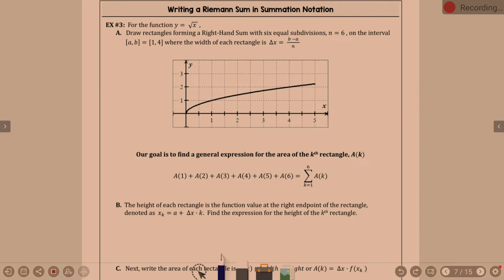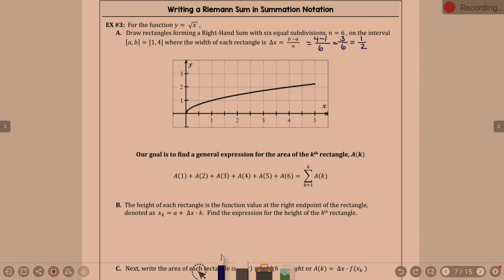What is my width of each interval going to be? One half? Because from 1 to 4 is a distance of 3 divided by 6 intervals, so each one is going to be 1/2.